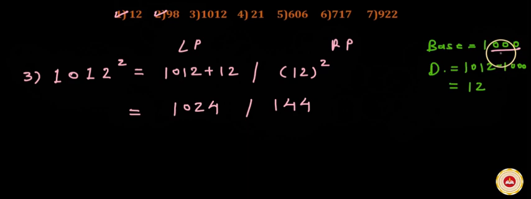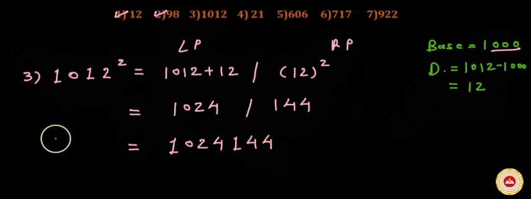How many zeros are there in the nearest base? 3 zeros. And how many digits are there in the right part? 3 digits. So no need to make any changes. So let us remove slash and write answer as it is. 1024. Remove slash and write 144. This is answer.